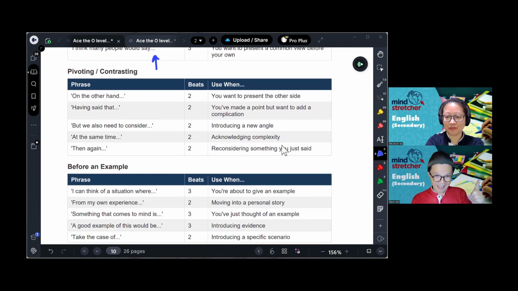On the other hand, now you know why there is something called on the other hand. Because many students say this is the equivalent of but. So why can't I just say but? Of course you can say but. But is only half a second. On the other hand, it is 1.5 seconds.